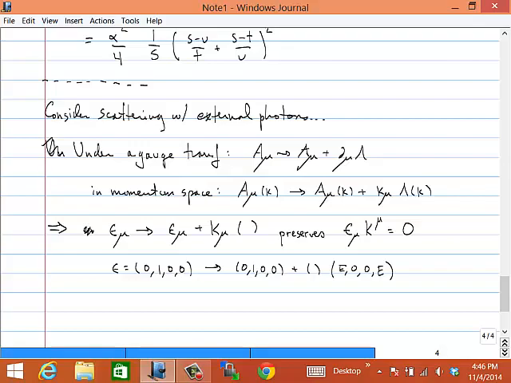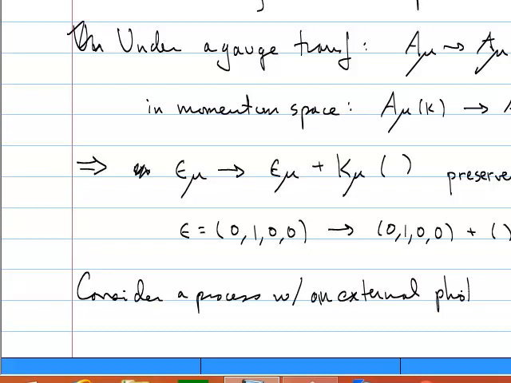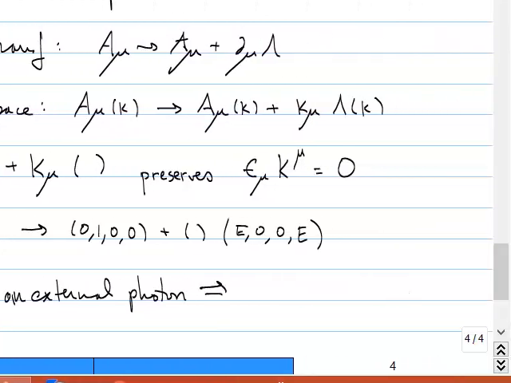So what does this mean? Let's consider some process with an external photon, so that we have some sort of scattering amplitude with a free index. And what we're supposed to do then is contract that index with the polarization vector of that external photon. Now, this could be some scattering amplitude where we also have a bunch of electrons and positrons coming out. We could also have a bunch of other photons coming out.